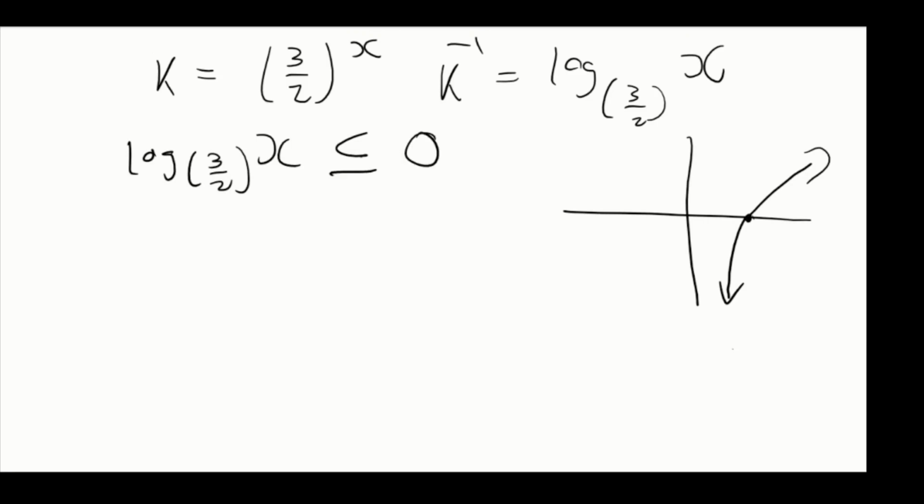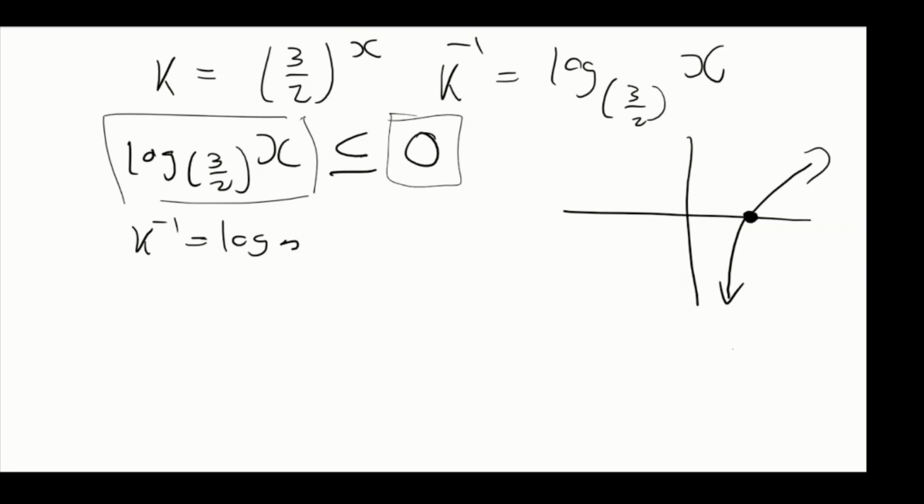So what are the values of x when this inverse is less than or equal to 0? These are the solutions of y which are less than or equal to 0. We need to note the value of x here. What is the x-intercept at this point? So you can find the intercept of this inverse, which is equal to log of base 3 over 2 of x.